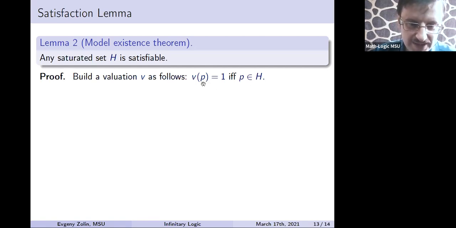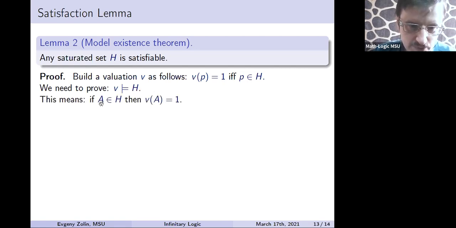We make a variable P true if and only if it belongs to this set H. Now we need to prove that not only variables from H are true, but also all formulas from H are true. In other words, for every formula A in H, we prove that it is true.